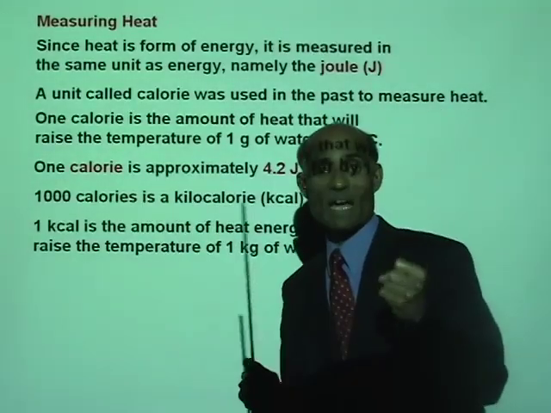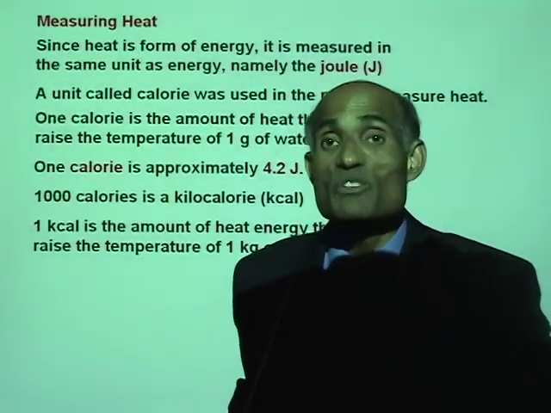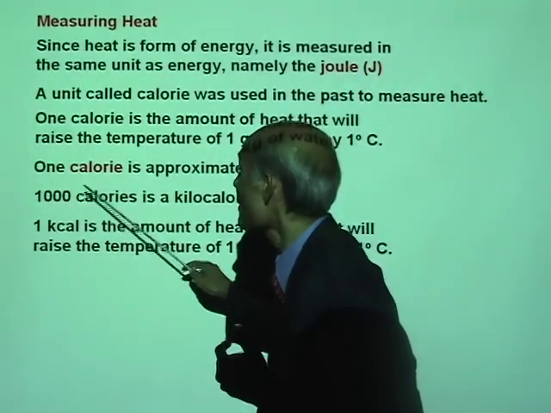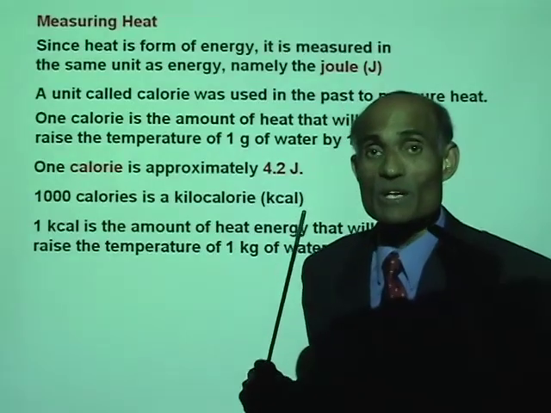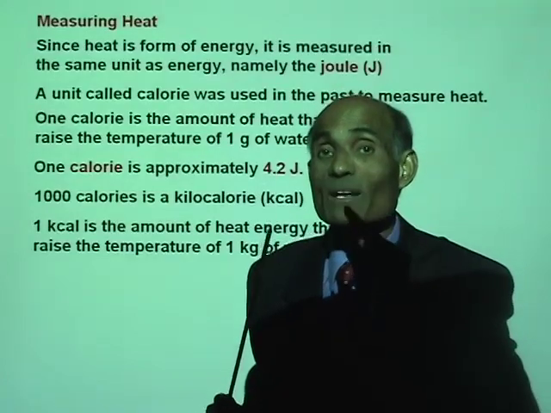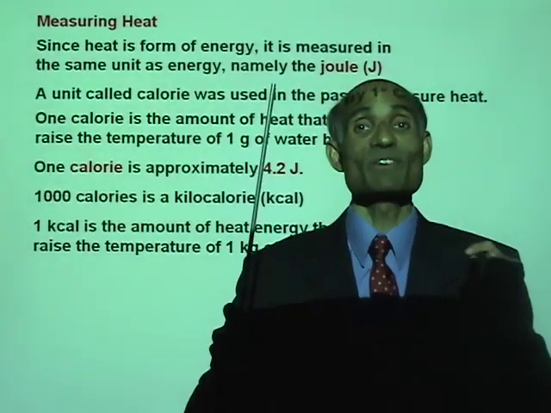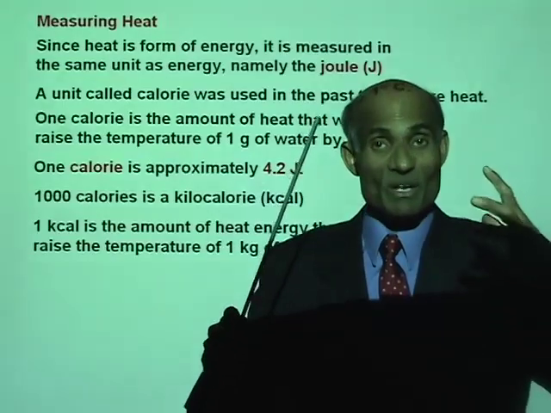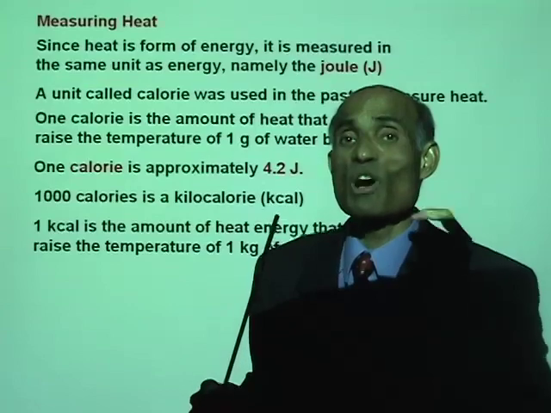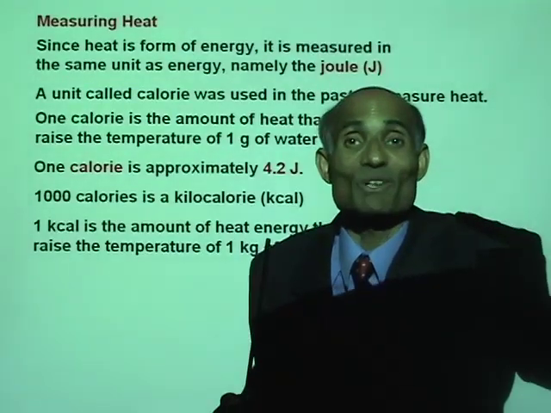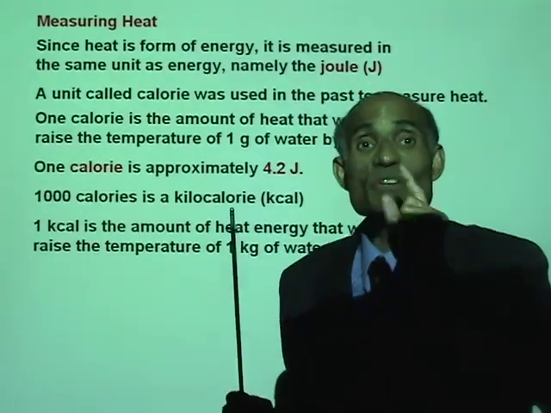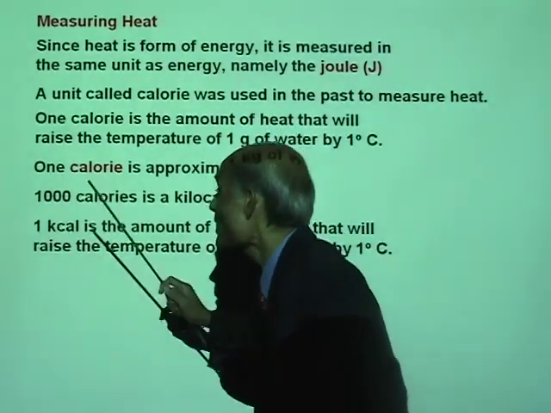You know that 1 kilogram contains 1,000 grams. Is that right? So 1 calorie is the amount of heat you need to increase the temperature of 1 gram of water by 1 degree Celsius. And therefore, the amount of heat you need to increase the temperature of 1,000 grams of water, 1,000 grams of water is 1 kilogram, by 1 degree Celsius is 1 kilocalorie.